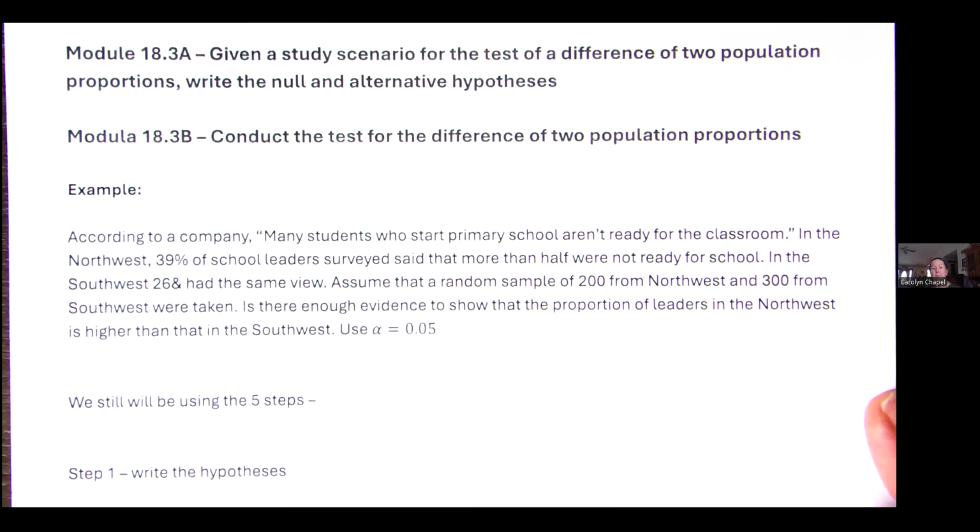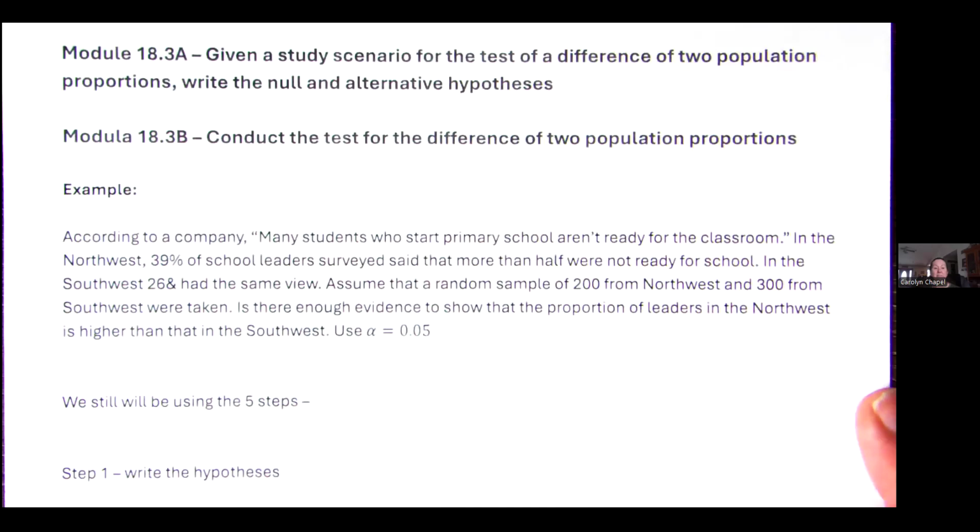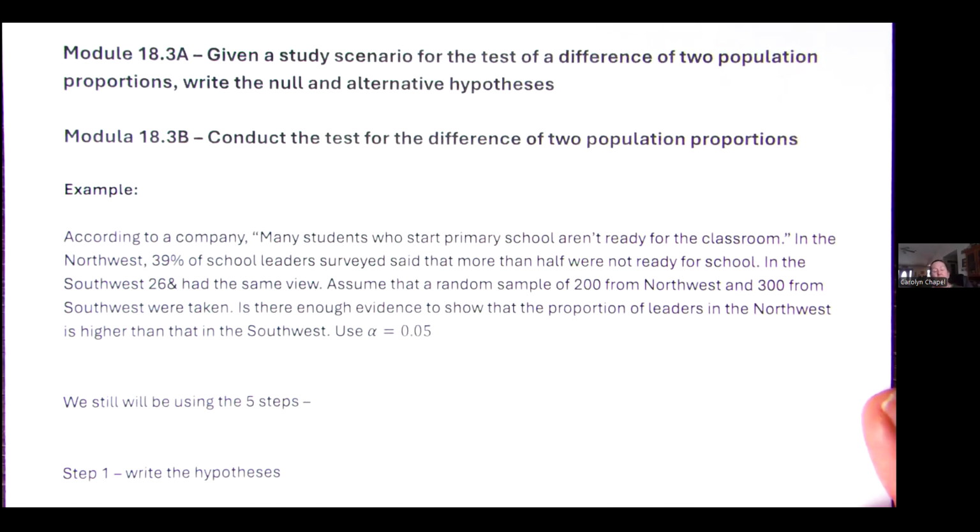So I'm going to just jump right into an example because by this time we have seen the process of doing hypotheses tests. So the process is pretty much the same for every single one that you do. We go through the same 5 steps. However, there's little differences in each step, like exactly what those hypotheses are going to be, exactly what checks we look at, exactly what is the formula for our test statistic.